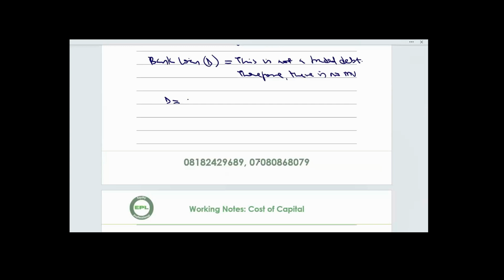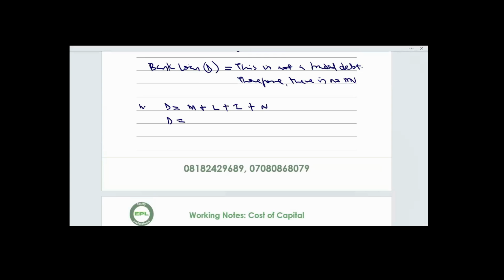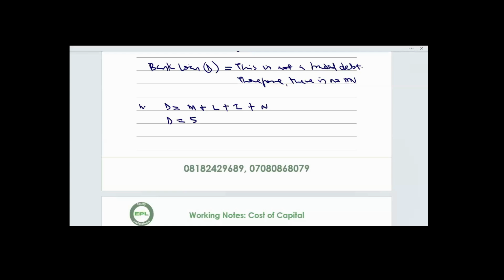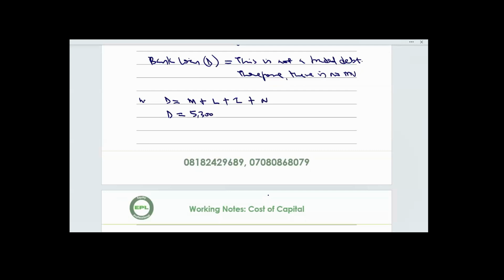So bank loan of Mississippi plus the bank loan of Limpopo, Zambezi, then plus the last one. For Mississippi, the bank loan is 5,300.